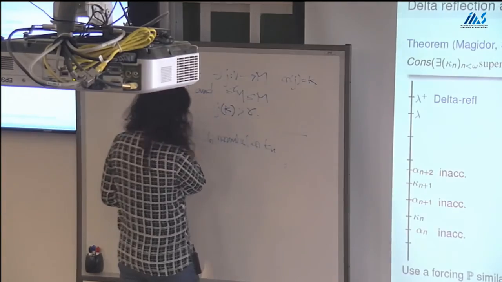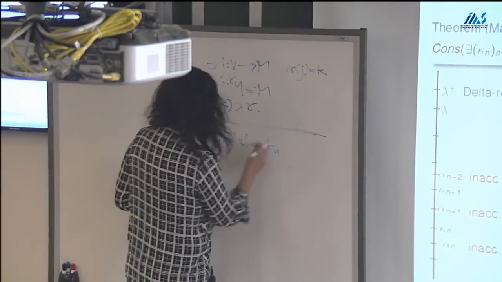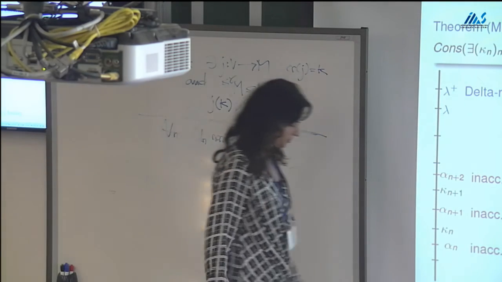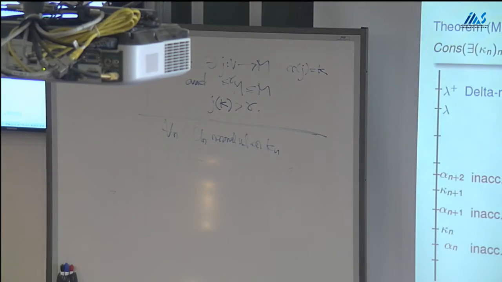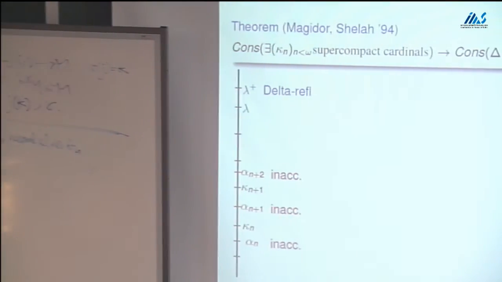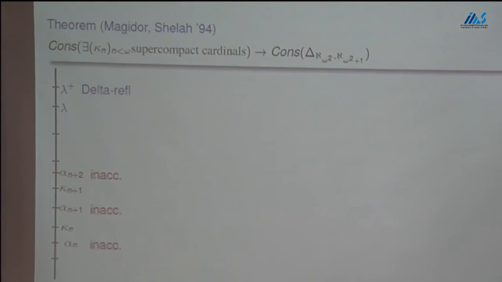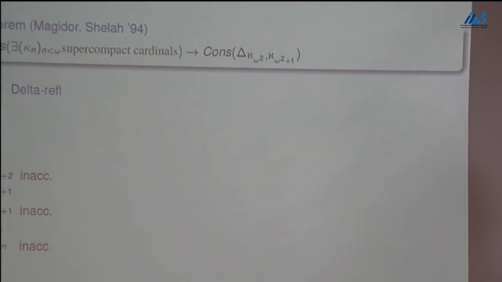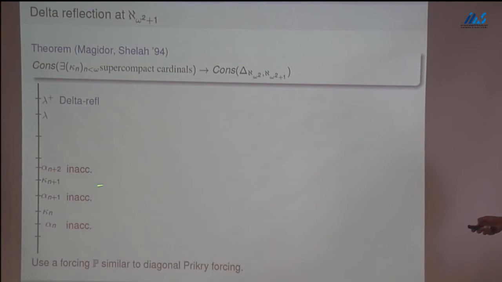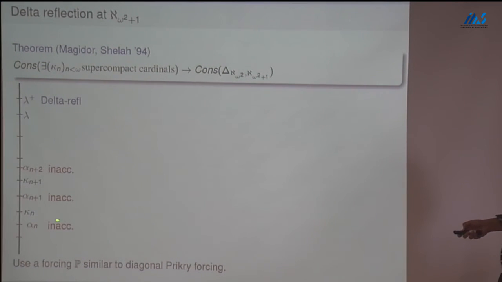This ultrafilter has some specific features, but it doesn't work with just any ultrafilter. Anyway, you just fix a normal ultrafilter on kappa n, and then, as is typical for Prikry type forcing, the forcing adds an omega sequence through lambda, a sequence of ordinals alpha n that are inaccessible in the ground model.